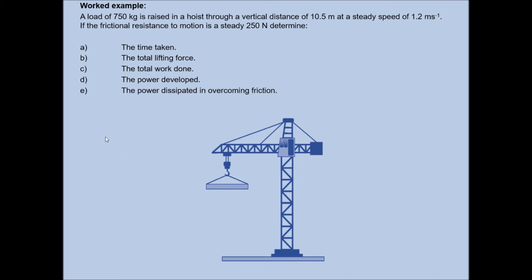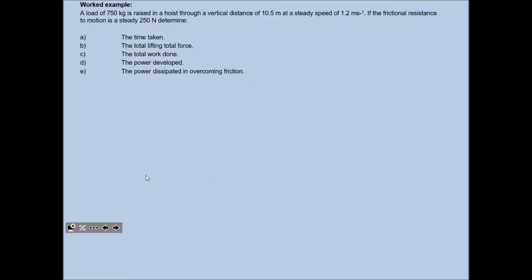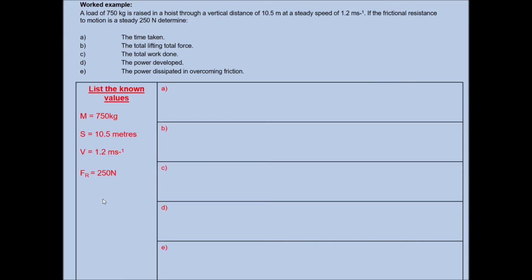So first things first, we're going to get our information and lay it out nice and neat. You might want to draw a little table or make a little list of these known values. So we've got load 750 kilograms here, that's our mass.